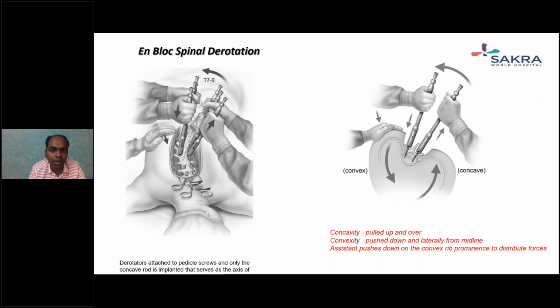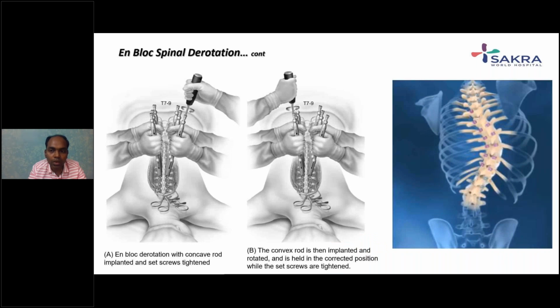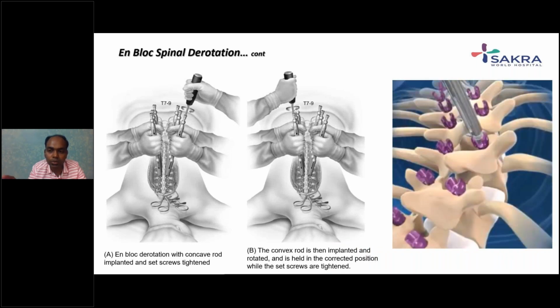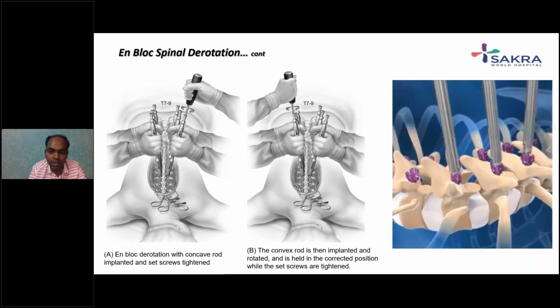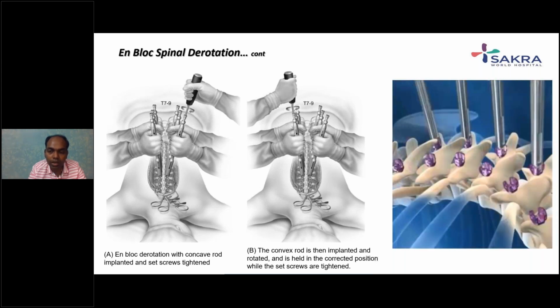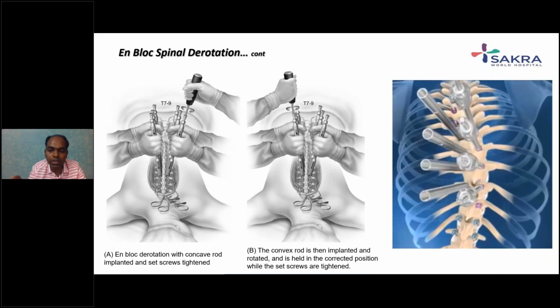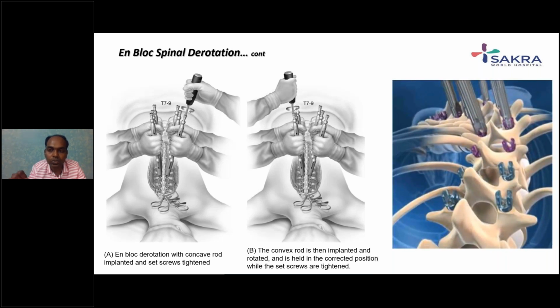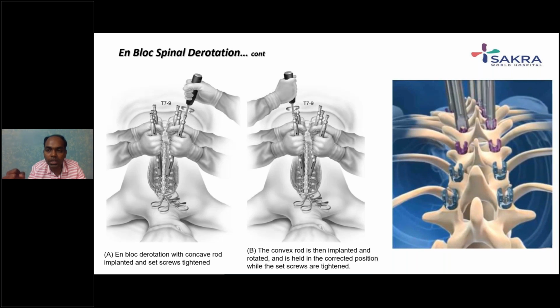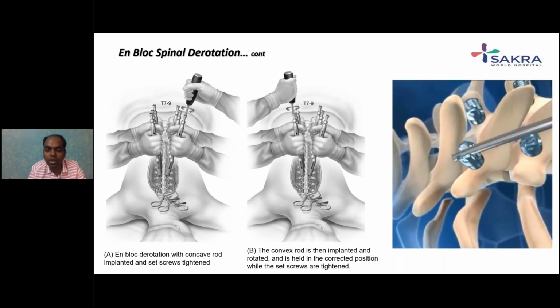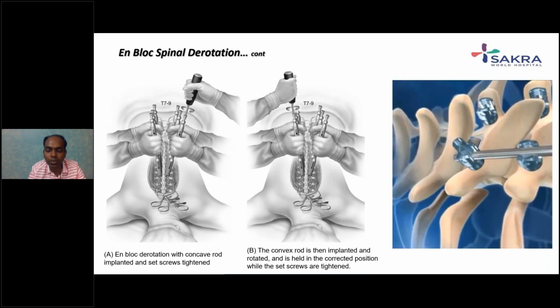This can be clearly understood with the video which I am showing here, where first the pedicle screws are inserted on both sides. The vertebral derotators are applied on the convex side without application of the rod, and the rods are applied on the concave side, in such a way that the convex side derotators are used in pushing down and derotating the particular vertebra.